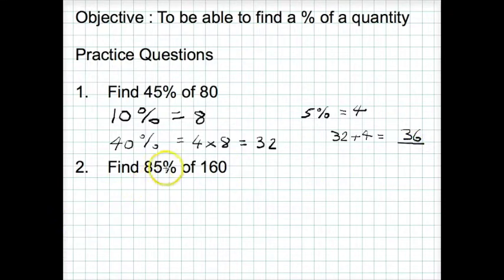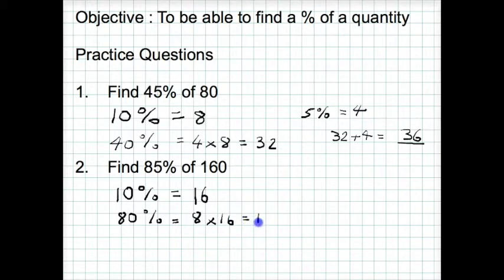Question 2, we're doing exactly the same way. So here, I want to start off by finding 10%. So 10% of 160 is 16. 80% of 160 is going to be 8 times 16, which gives me 128.